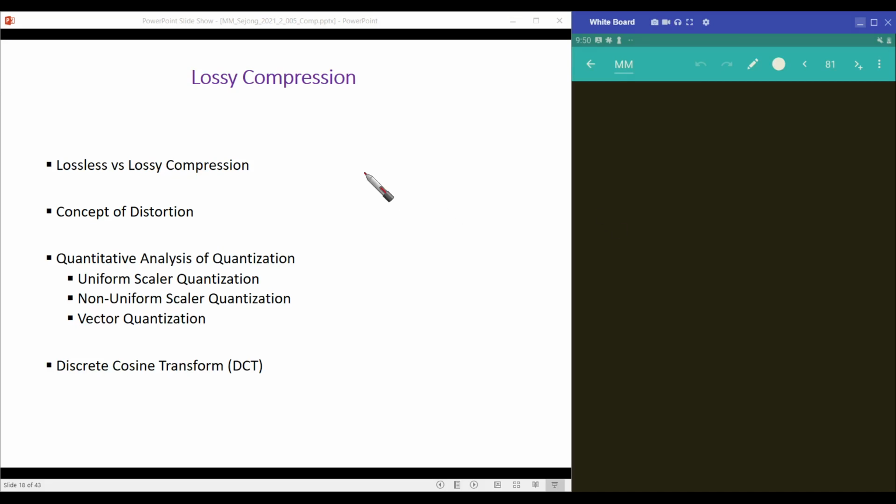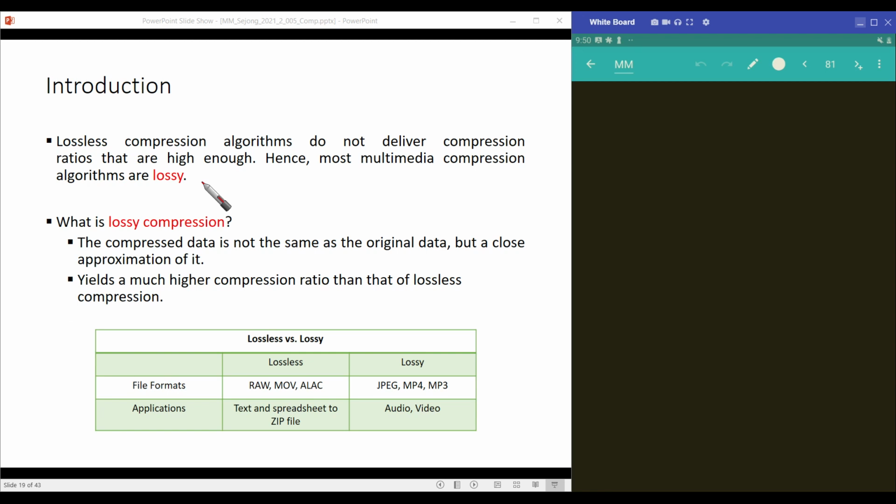Okay, now let's learn something on lossy compression. Let's start with the comparison with lossless compression. You know that lossless compression algorithms do not deliver compression ratios that are really high enough.